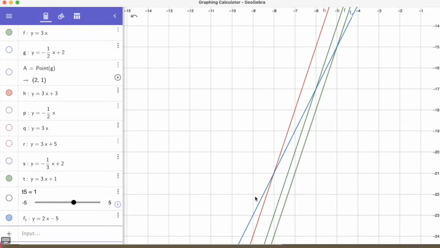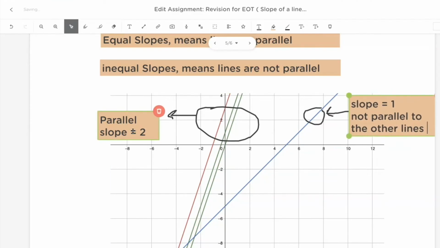The blue line is not parallel to them because it has a slope of 2, while the other lines have a slope of 3. You can try as much as you want. These ones are parallel, they all have the same slope of 2. This one, slope equals 1, is different, so it's not parallel to the other lines.